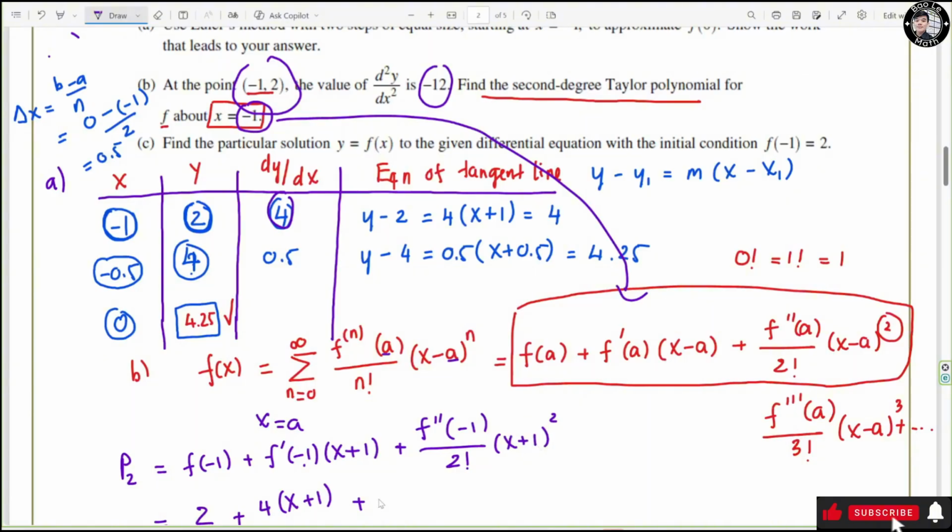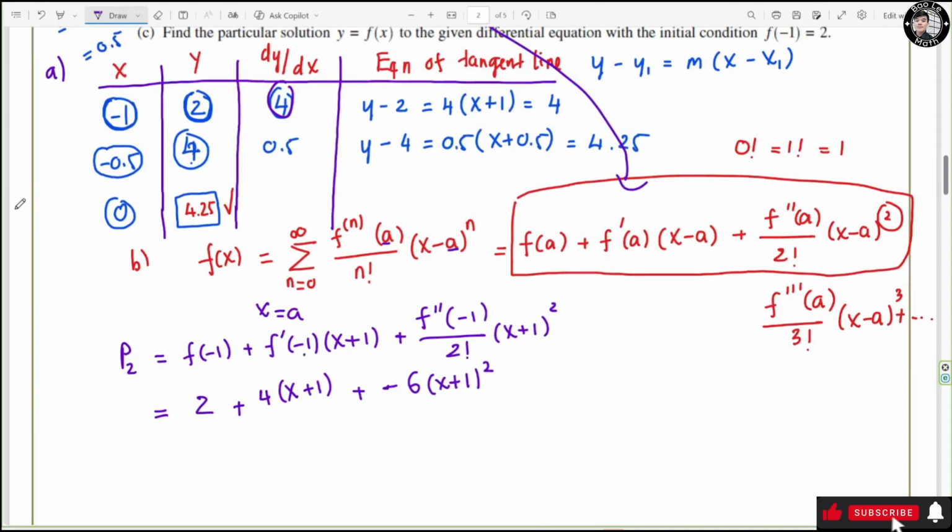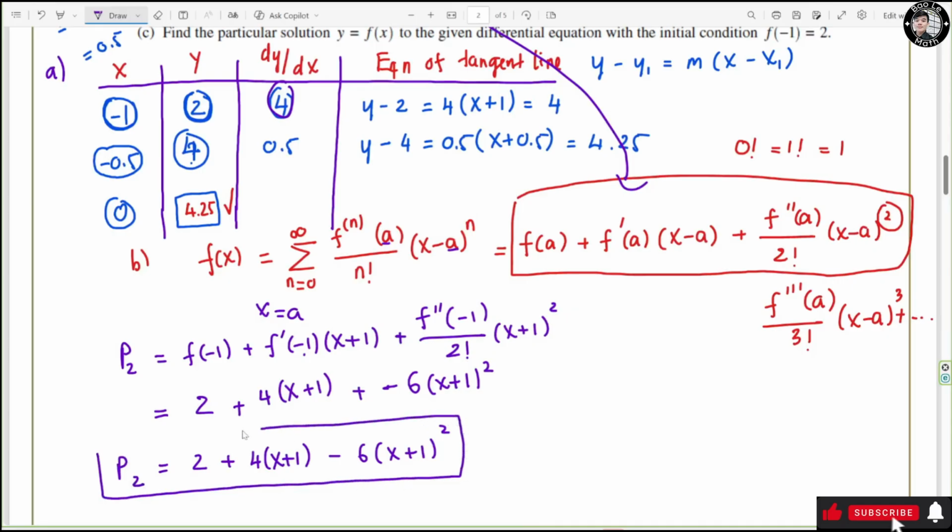So it becomes -6, right? Times x plus 1 squared, right? So I just simplify this one. It turns out to be 2 plus 4 times x plus 1 minus 6 times x plus 1 squared. This one is the second degree Taylor polynomial, right?